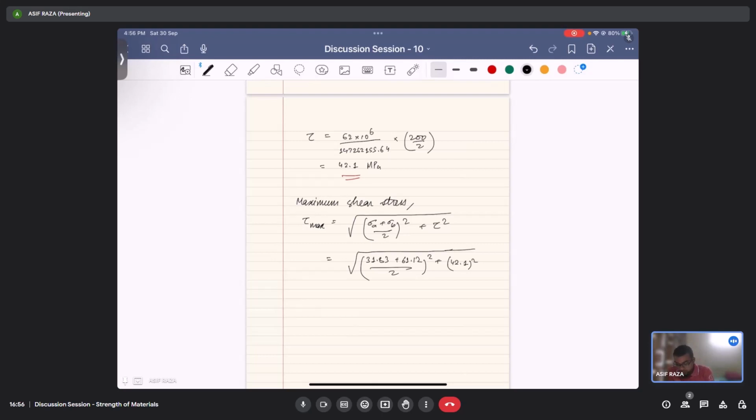So let's find this: (61.12 divided by 2) plus 42.12. This comes out to be 62.71 megapascal.